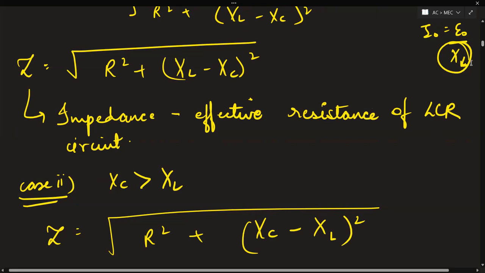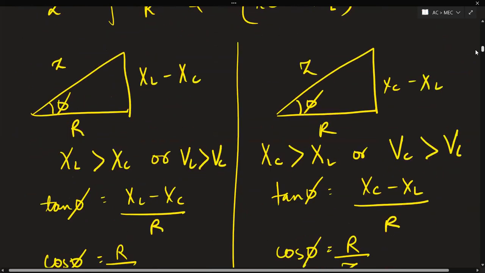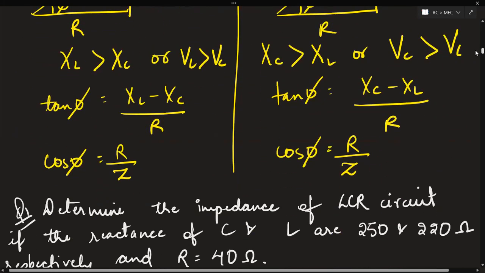For the phase angle also, if you want to calculate it, you can write tan phi as XL minus XC by R, or whatever, whenever I say XL minus XC or XC minus XL for a series LCR circuit. LCR circuit means it contains all of them. So for these kinds of circuits, you have to change accordingly.